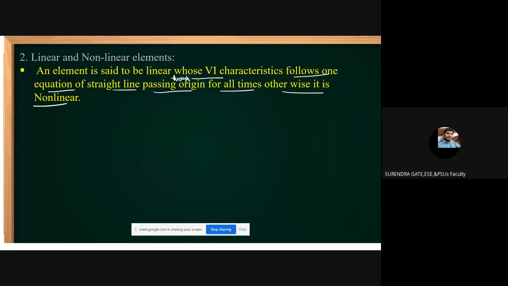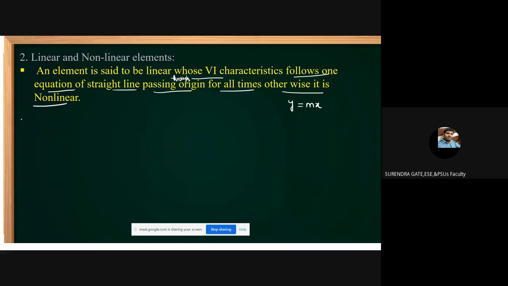What is the one equation of straight line passing through origin? y equals mx. At all times, if the characteristics follow only this one equation, then it must pass through the origin, and we can say those elements are linear elements. Otherwise, it is a non-linear element.